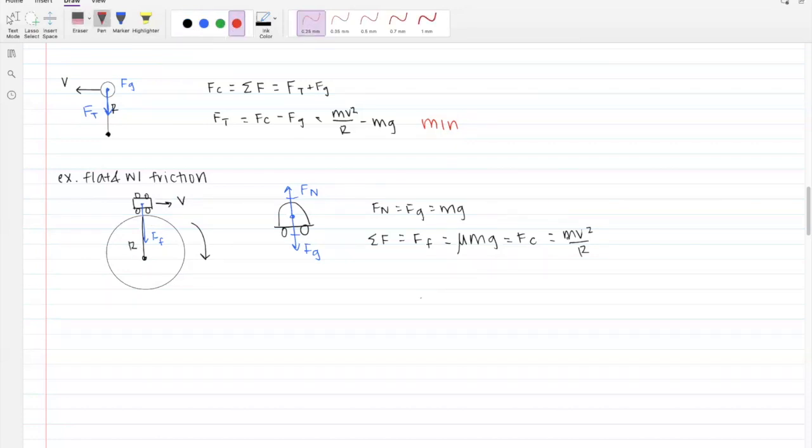So let's simplify this equation. Both masses cancel out. This is very, very common. And the velocity that the car will need to go at to keep from slipping will be equal to the square root of mu g r, the coefficient of friction times gravity times r.